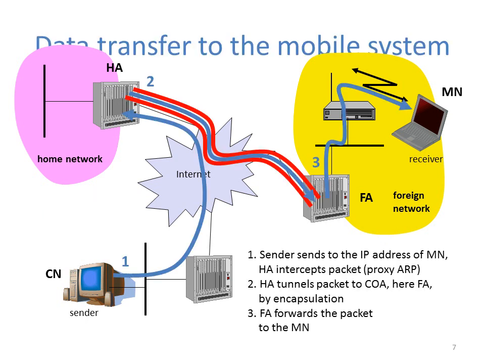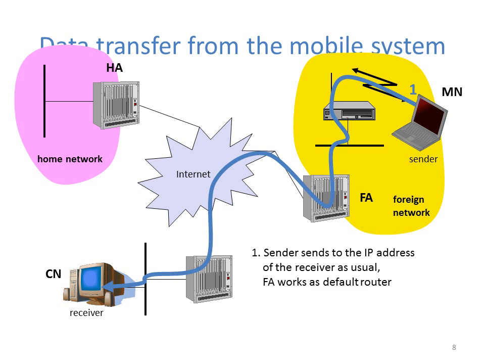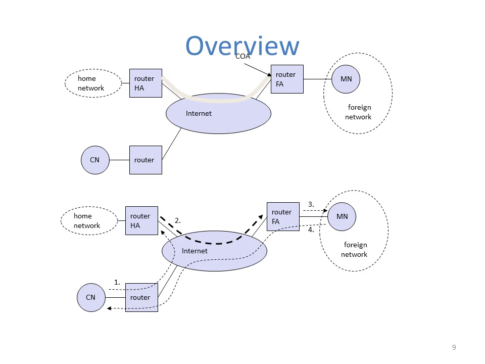The data transfer can be done between the home agent, the foreign agent and the mobile nodes, as shown in the diagram. This system diagram also shows how data can be transferred from the mobile node to the foreign agent to the receiver, that is, source to destination. This is the overview of the complete managed scenario: router HA, router foreign agent, mobile nodes, foreign network, internet and CN, and how the data can be transferred.